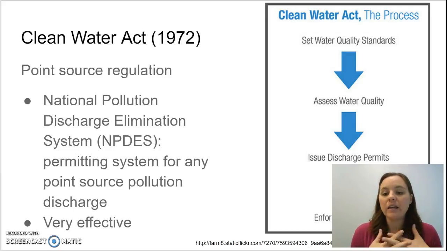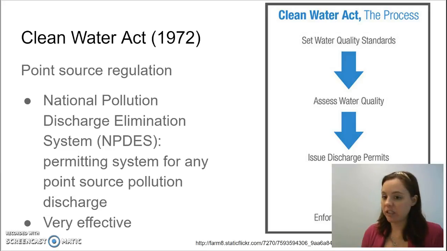Anybody who is going to discharge anything into a waterway in the U.S. has to have a National Pollutant Discharge Elimination System permit. Any discharge of any pollutant is illegal without one of these NPDES permits.